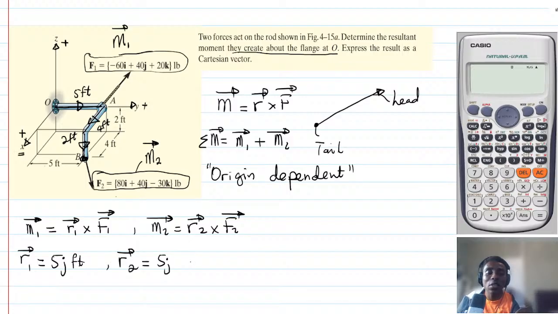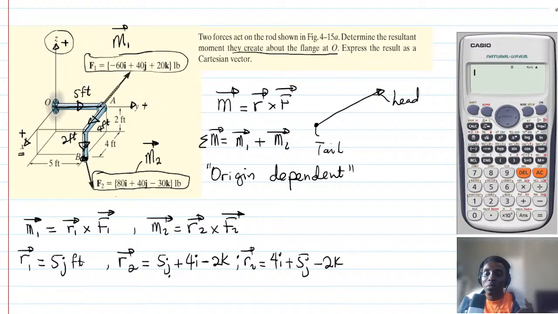Finally, coming down is 2, but because it is against the z, it's going to be negative 2k. Rearranging, R2 is 4i plus 5j minus 2k.